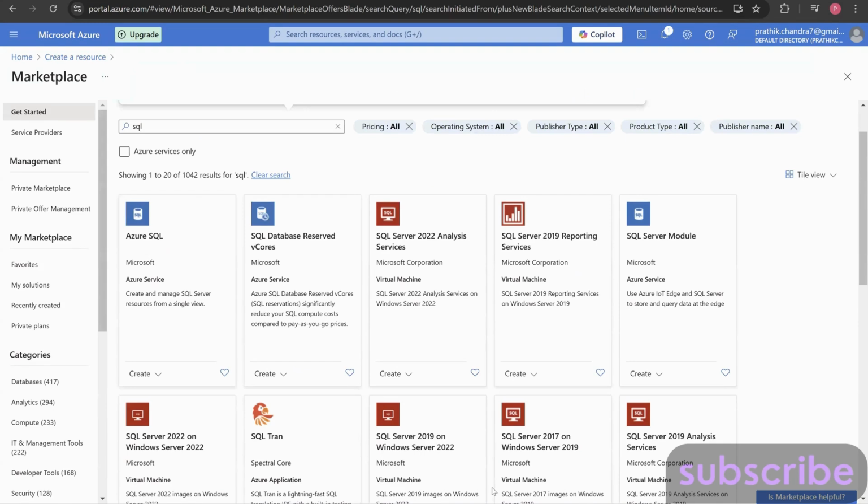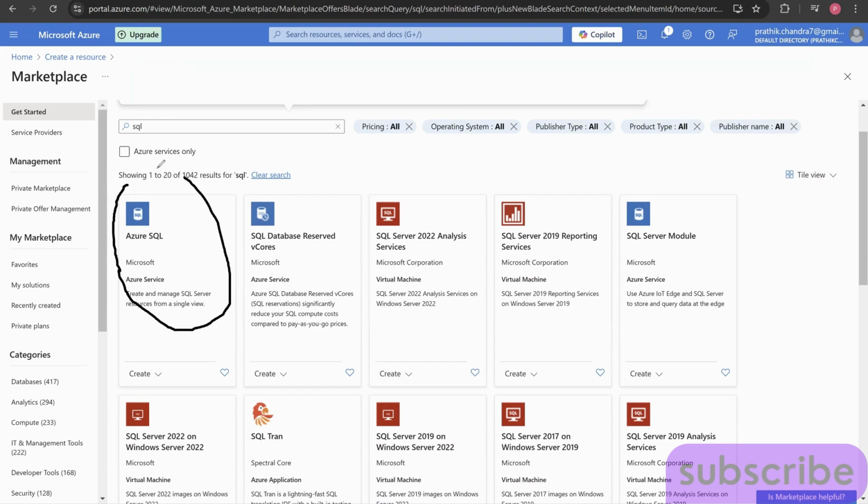This is a managed service. Basically, this is a fully managed service for running the database. Azure is solely responsible for backups, security, maintenance, updates, whatever it is, Azure will take care of it. Keep this point clear in your mind, guys.